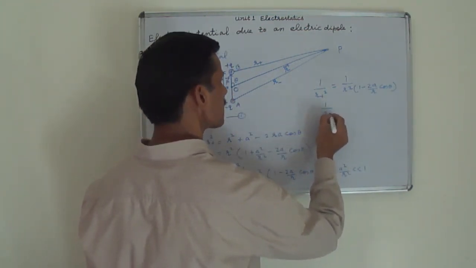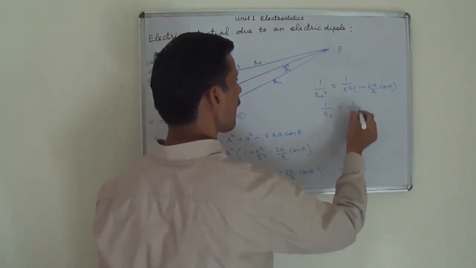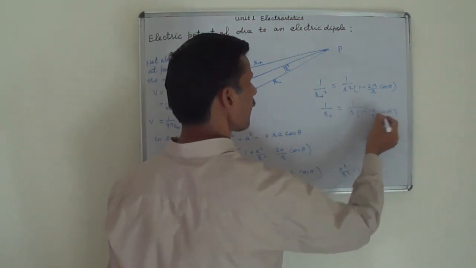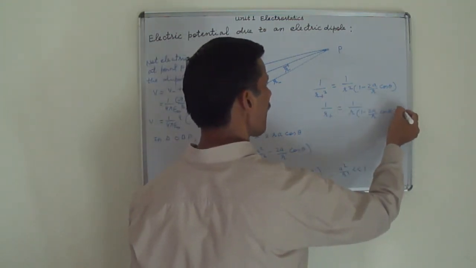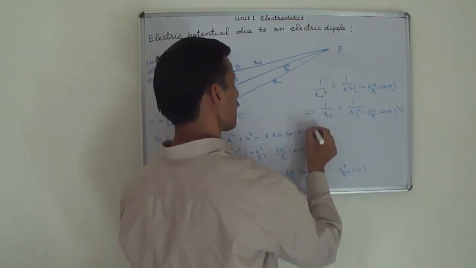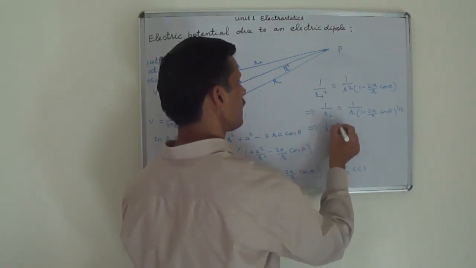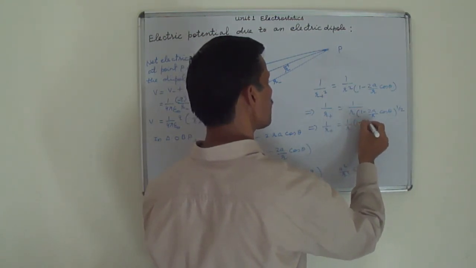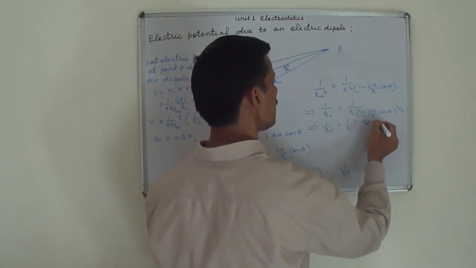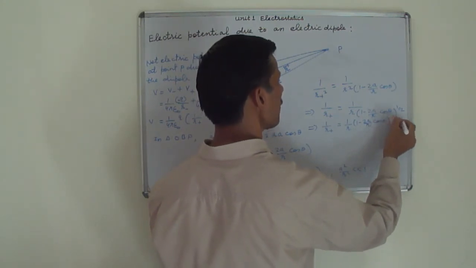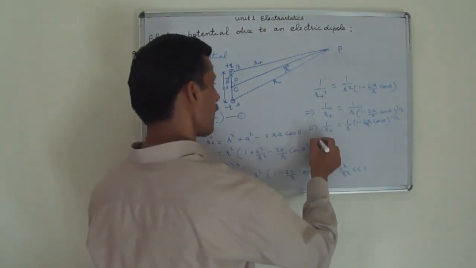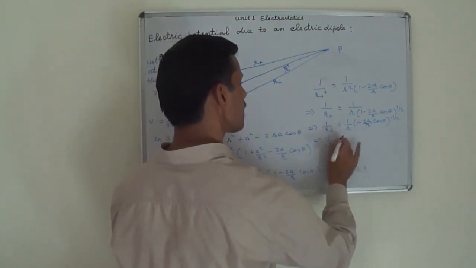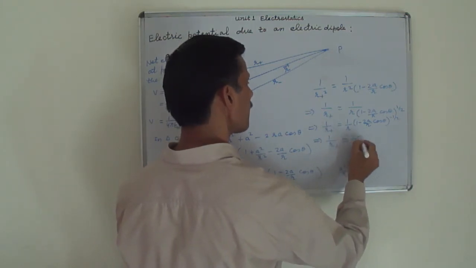So 1 upon r plus is equal to 1 upon r, 1 minus 2a upon r cos theta, to the power minus half. 1 upon r plus is approximately equal to 1 upon r.